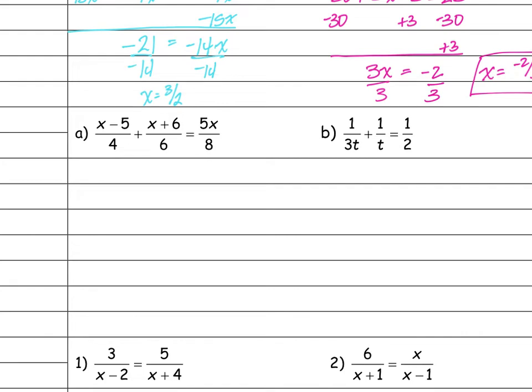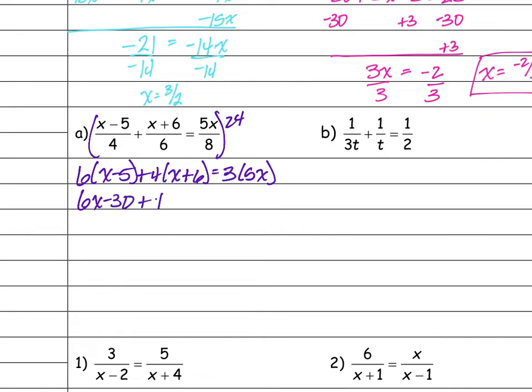Okay? So my common denominator, I think, is 24. 4 goes into 24 6 times, so that should be 6 times x minus 5. And 6 goes into 24 4 times, so that should be 4 times x plus 6. And 8 goes into 24 3 times, so that's 3 times 5x. Distribute: 6x minus 30 plus 4x plus 24 equals 15x.